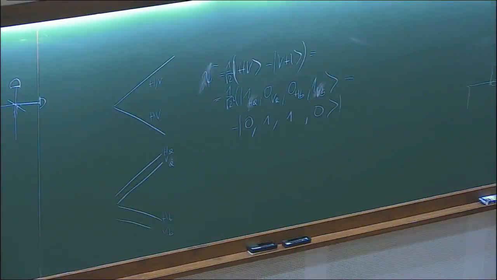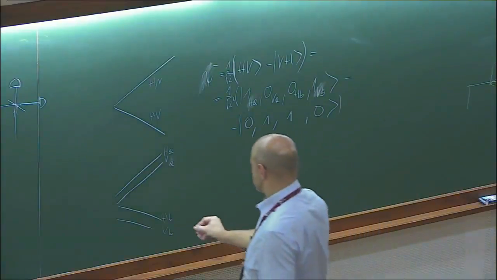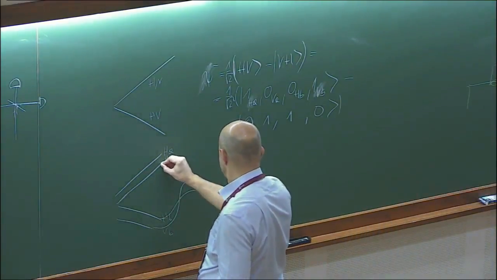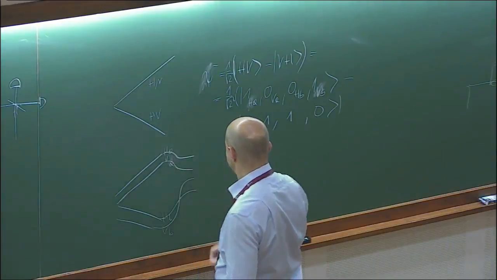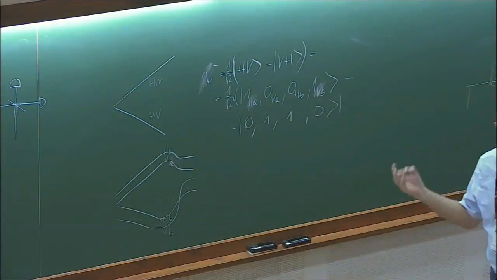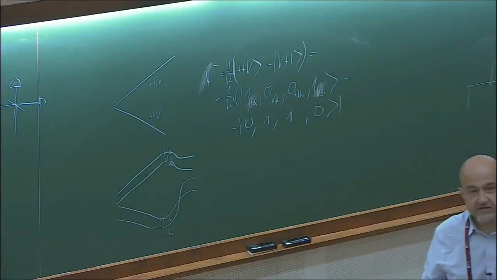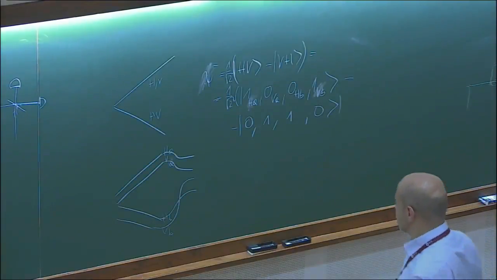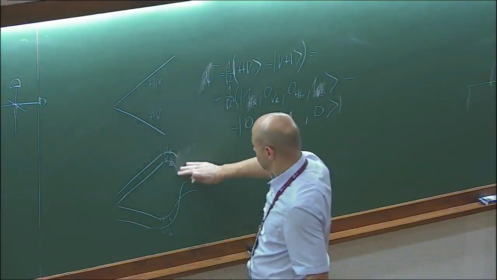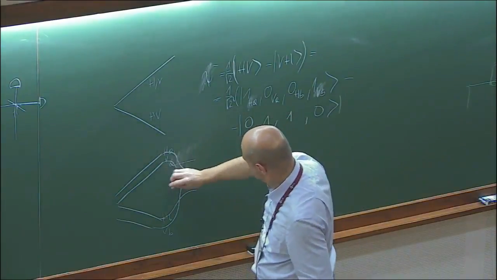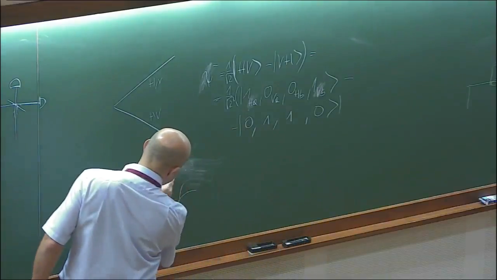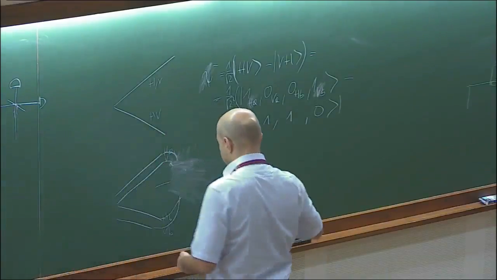Now that I have these modes here, let's just reroute them a bit. So I shuffle these indices around. And suddenly this thing will not be entangled anymore if I make my cut in a different way. No, that won't help, sorry. I'll have to take an eraser.